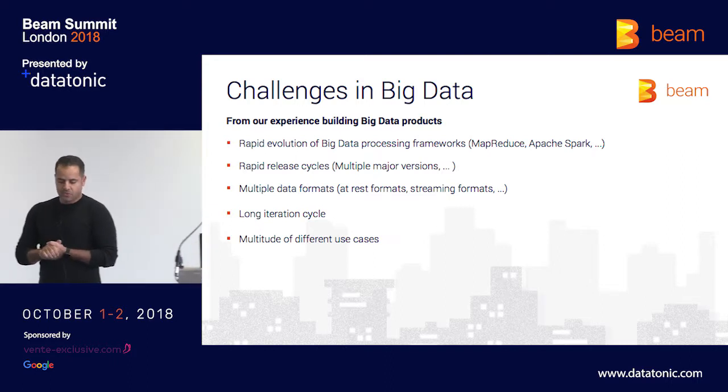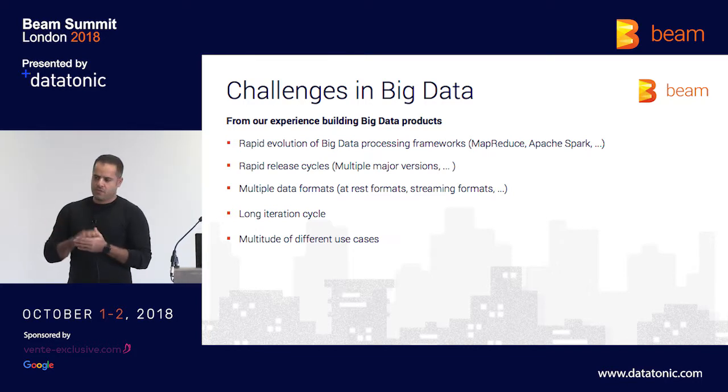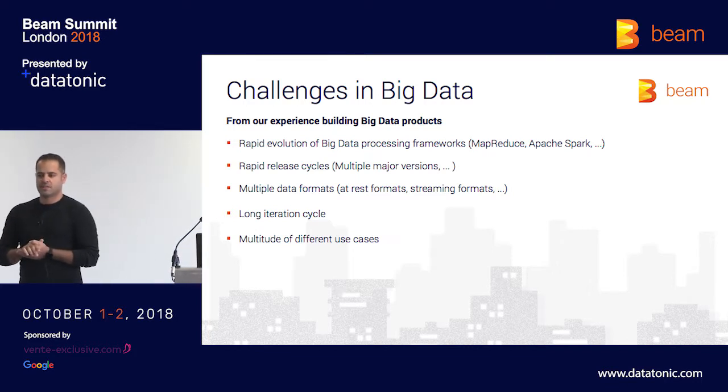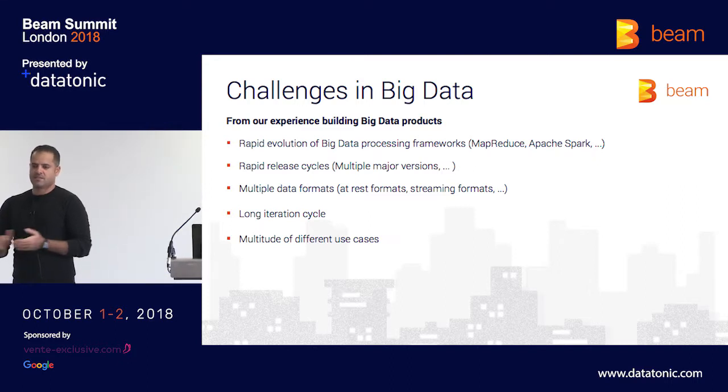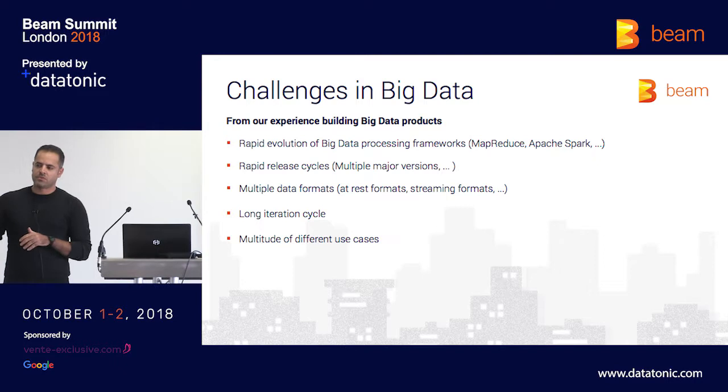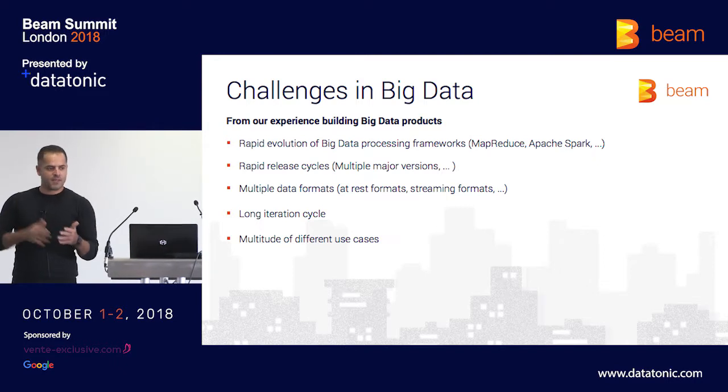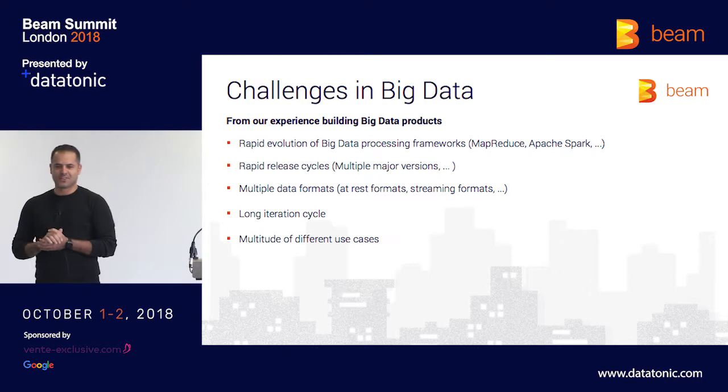And trying to build products with this in mind is a very difficult step to go through. Even if we focus on a single product, like, for example, Apache Spark, you've got all sorts of APIs. They started with RDD, then they moved to the short-lived data frame, then came dataset. And Apache Spark Summit is in a couple of days, so maybe we'll get a new API or something new this time.